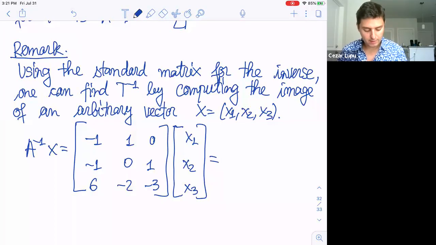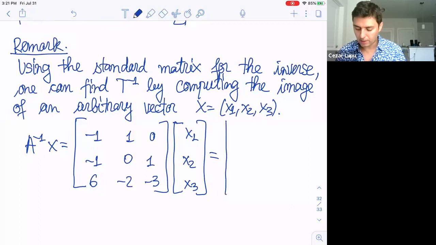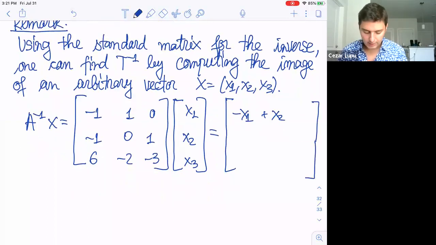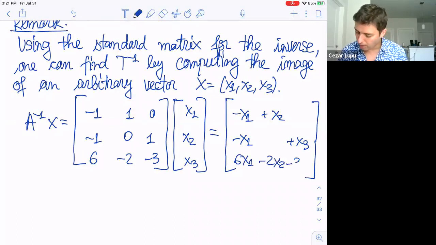And this will give us, if you do the multiplication, and this is quite easy to see, negative x1 plus x2. The second one will be negative x1 plus x3. 6x1 minus 2x2 minus 3x3.